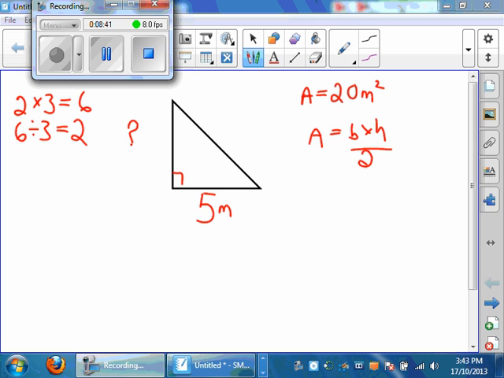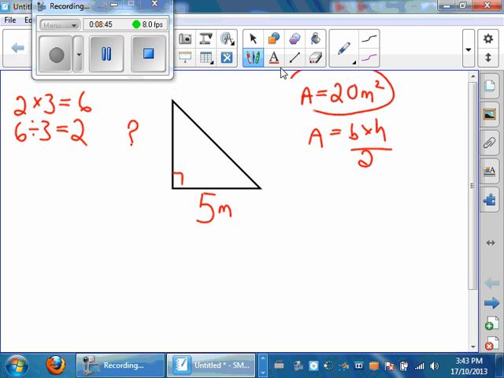All right, working again in reverse. Since we already know in order to get this, we had to divide by 2, we're going to have to do the opposite of that in order to find out our height. So what we can say is that our height is equal to our area times 2 divided by our base.